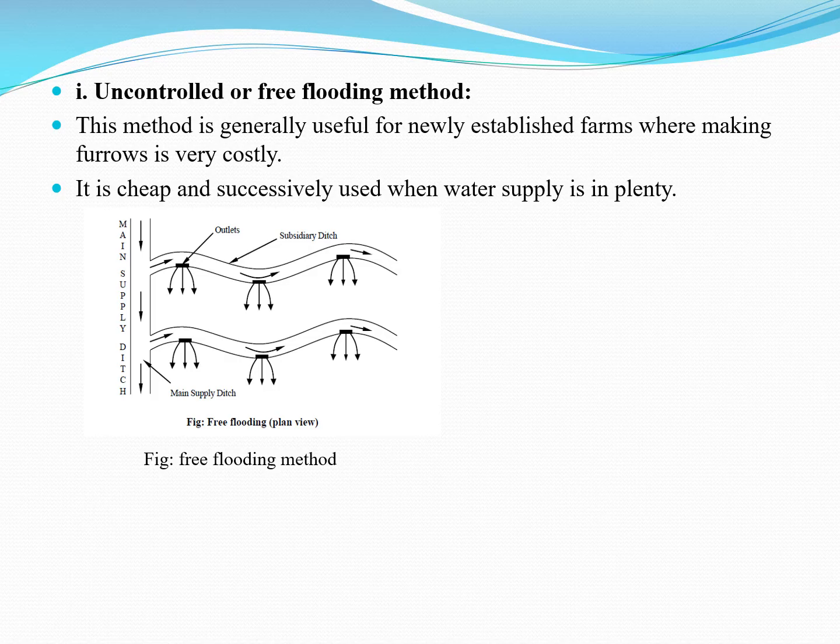But one disadvantage of this method is that there is no perfect control over the flow of water. It is difficult to attain high efficiency. So this method should be adopted only when other flooding methods are impossible.